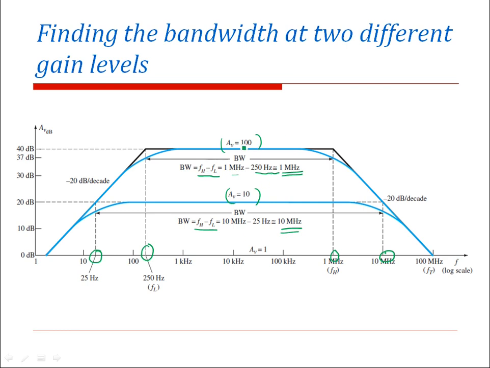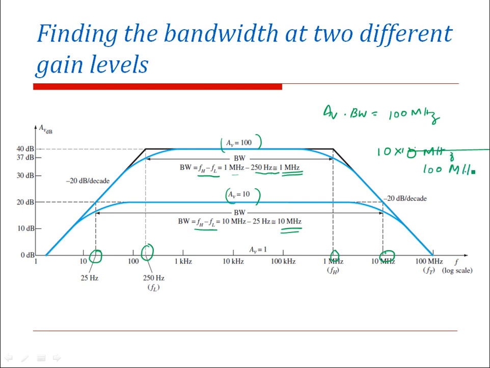So if you take the product of gain Av into bandwidth, you get 100 into 1 megahertz, or 100 megahertz. For this frequency plot also, if you take Av into B, it is 10 into 10 megahertz, or it is nothing but 100 megahertz.